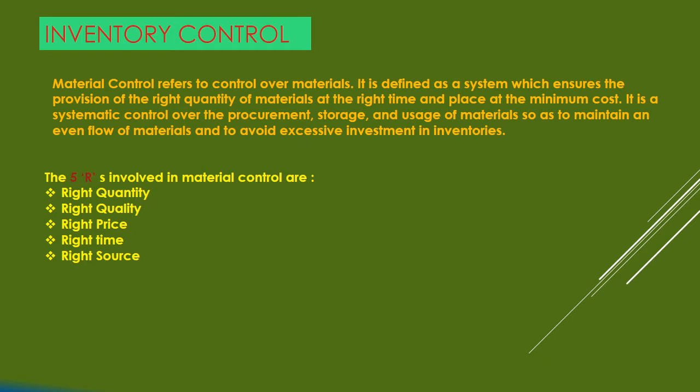That is the inventory control. So making available the materials of right quantity in right quality and right price in right time from the right source is the inventory control.